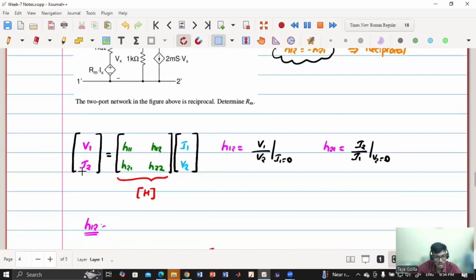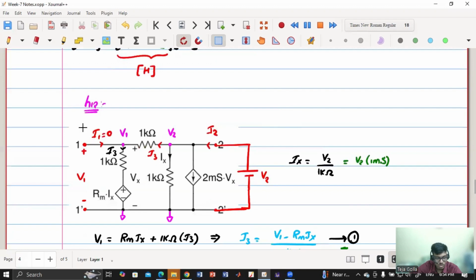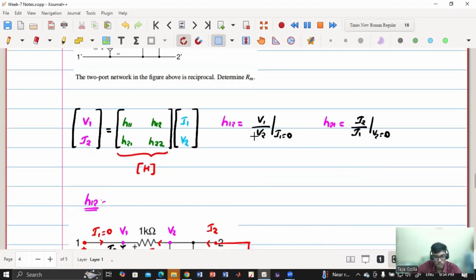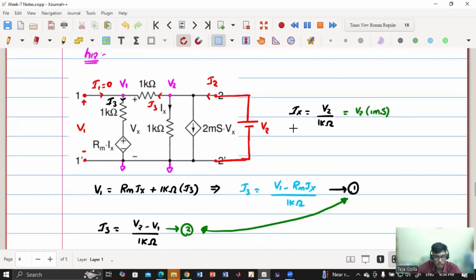First I have written the equation for this and I want to find H12 and H21. For finding H12, I1 is 0, which means this is open circuit. So I have kept it open and the input is V2. I have excited it with V2 and I have to find V1 in terms of V2. I have done some mathematical manipulation, which is self-explanatory, so I'm not explaining it again.